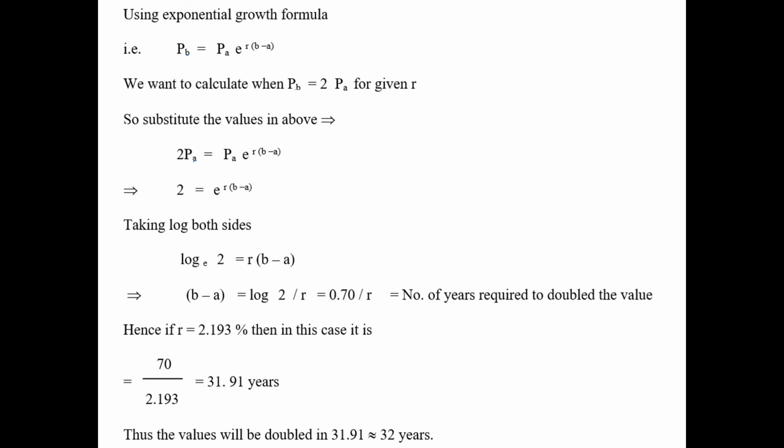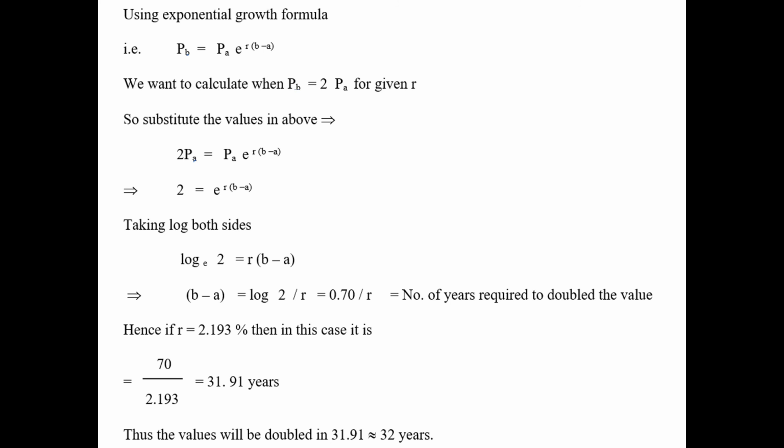So using the exponential growth formula, PB is equal to PA into e raised to the power R into (B minus A), and we want to calculate when PB is equal to twice PA for a given value of R. Very simple, we put the values into that. 2PA is equal to PA into e raised to the power R into (B minus A).